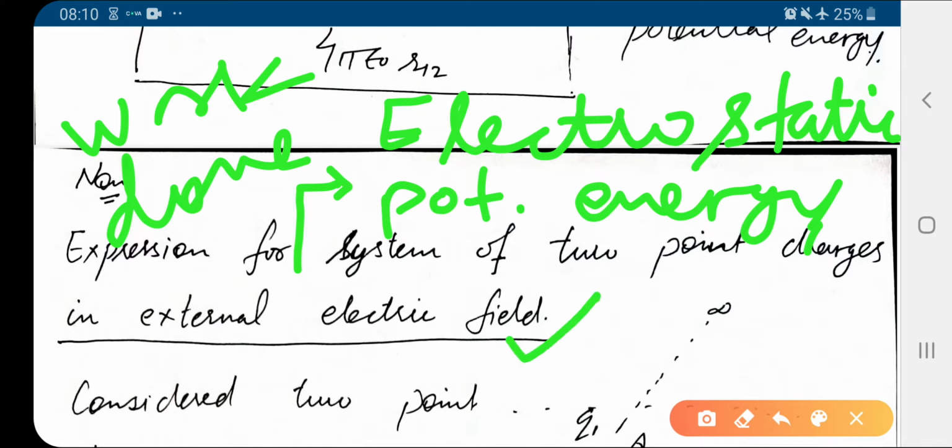So that is our topic. Again we want to find the expression for potential energy but in the presence of electric field.